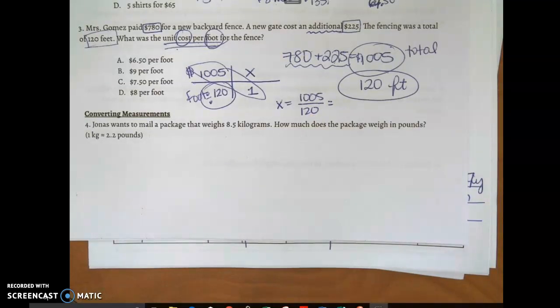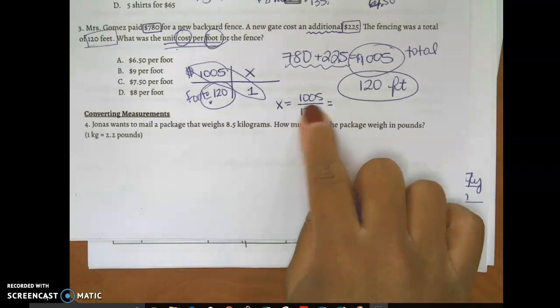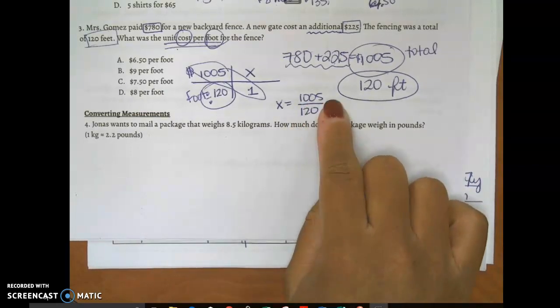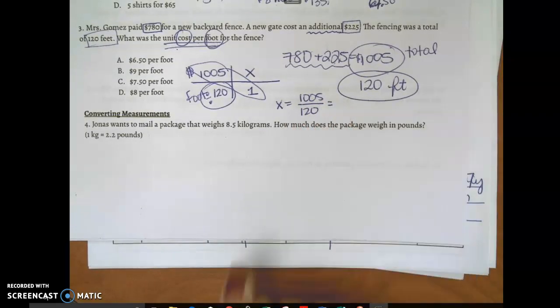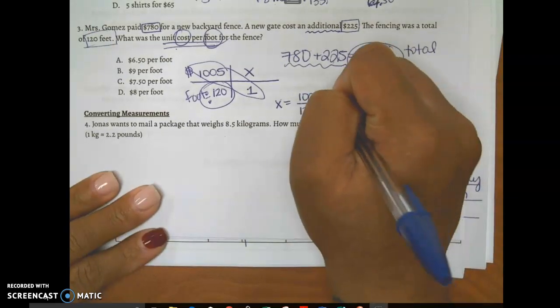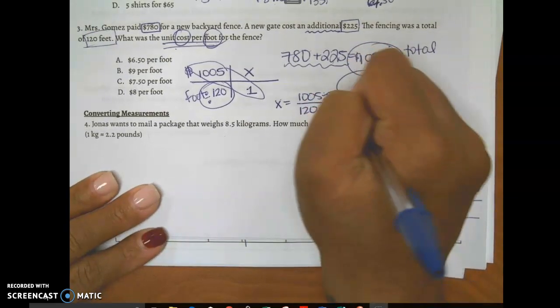Are you allowed to take out a 0? No, you can't take out a 0 because these zeros are sandwiched between the 1 and the 5. You can only take out trailing zeros, which are at the end. But I can take out another factor. What can I divide both by? 5. So divide by 5, divide by 5.